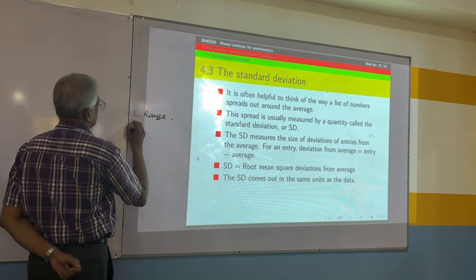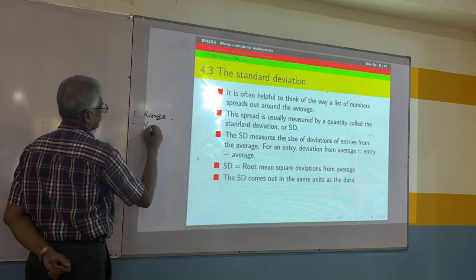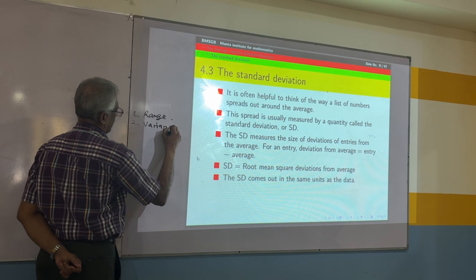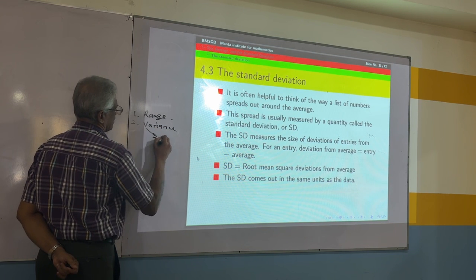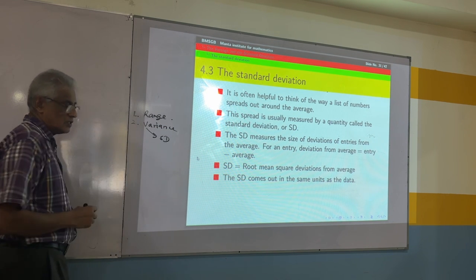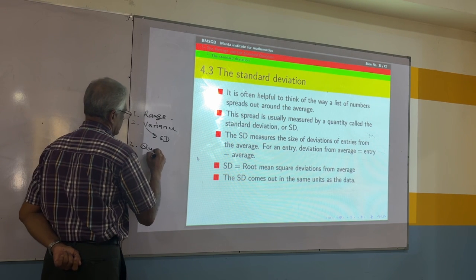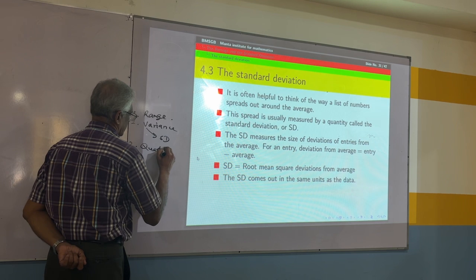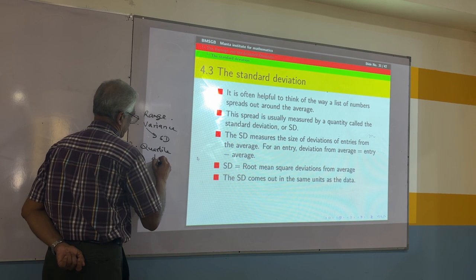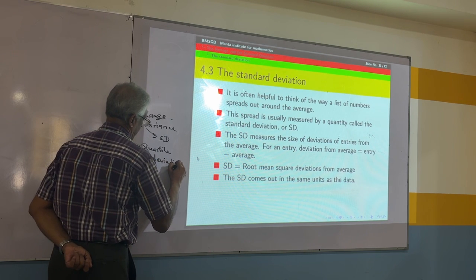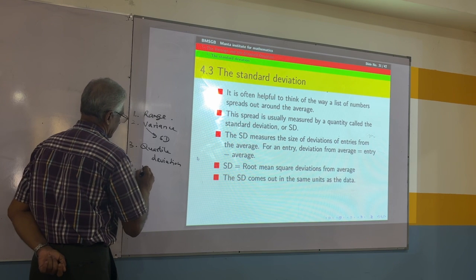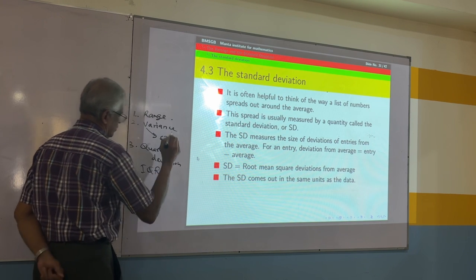Range is one, and the second one is something called the variance. And then standard deviation comes from the variance. And there is another thing called quartile deviation. There's another thing called interquartile range.